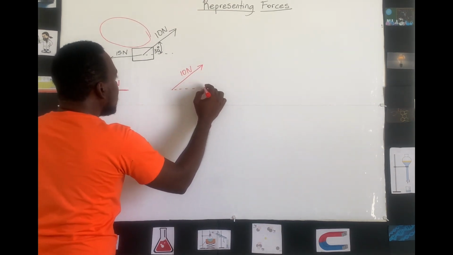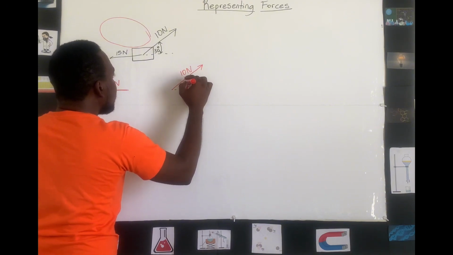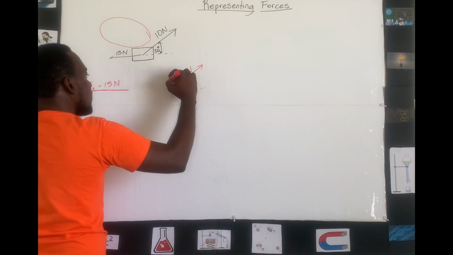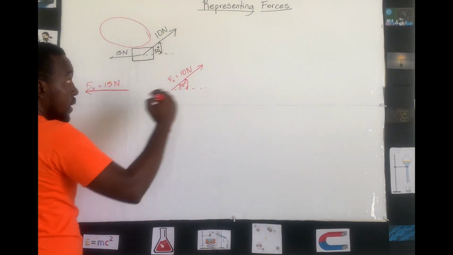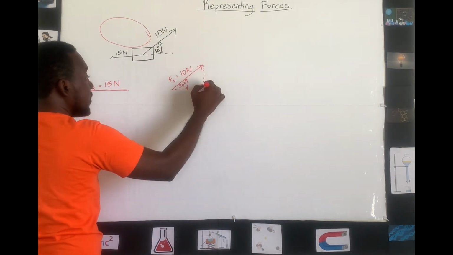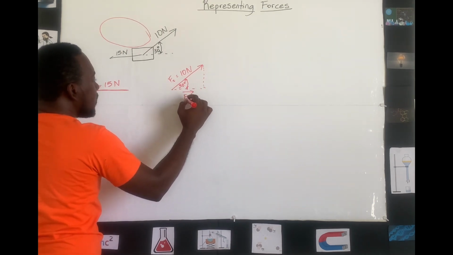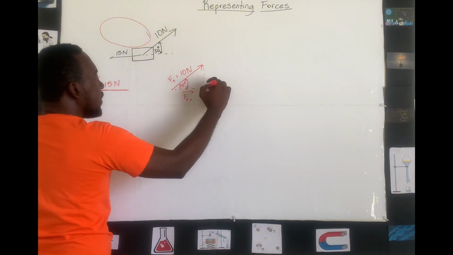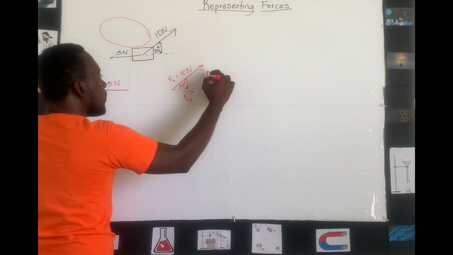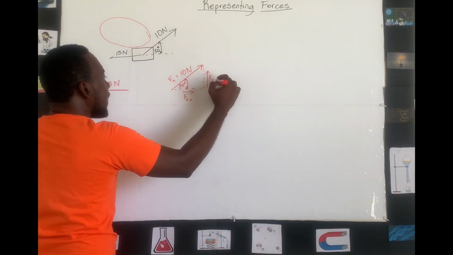It's acting at 30 degrees to the horizontal. In this case, we can call this the F2 force. And notice because it has an angle, there is an X component pushing it this way, which we're going to call F2X, and there is a Y component pushing it up this way, which is called F2Y.